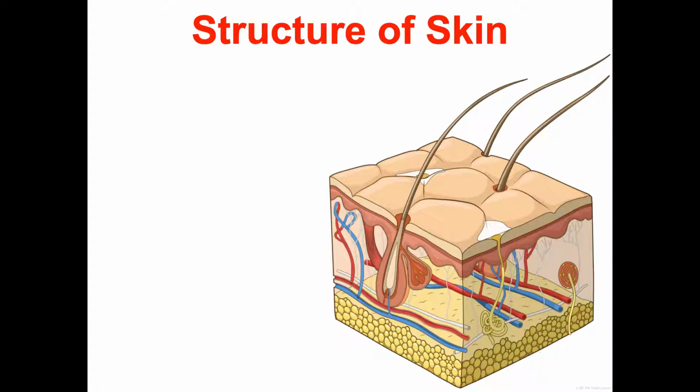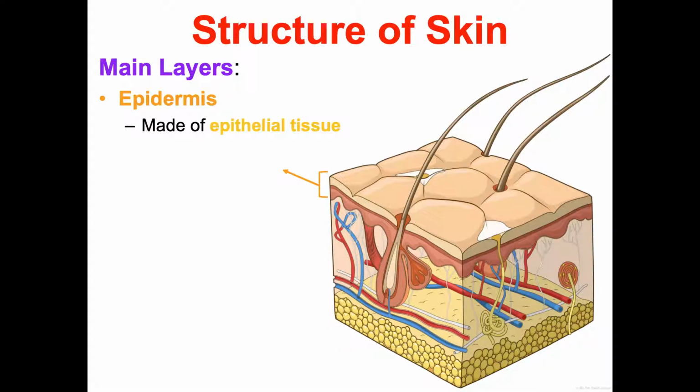So let's talk about its structure. Your skin basically has two main layers. Now, some will say three, but technically the third one isn't considered part of the skin, which we'll get to. So the two main layers are your epidermis and your dermis. Your epidermis is just this very top part.